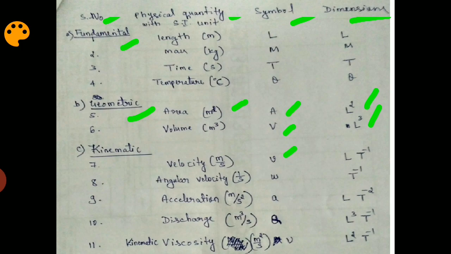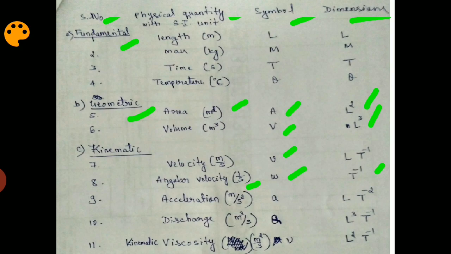Then angular velocity, the SI unit is revolutions per second. Revolution is a count, so it does not have any unit. So it is 1 by second. The symbol is omega. In terms of dimensions, we write it as T raised to minus 1.